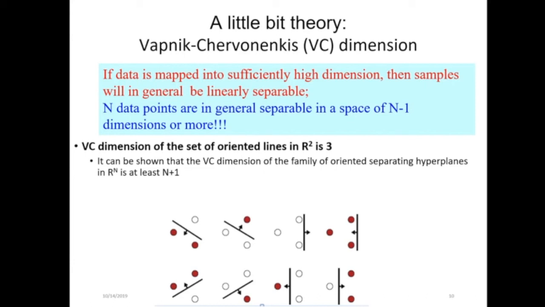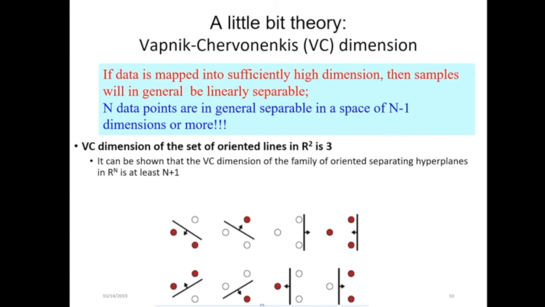All right, then we extend it. When you have n points, in general, you can always linearly separate them into 2 classes in the n-1 dimensional space. So in the end, if I can project my feature x into phi(x), and I have n data points, I can project into an n-1 dimensional space or even larger.